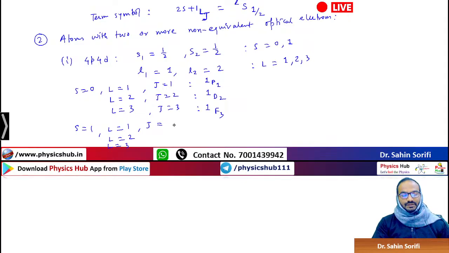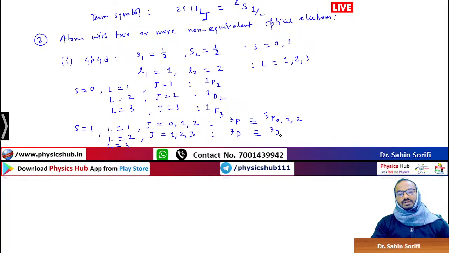So for L equals 1, J equals 0, 1, 2, so it is the 3P term, with term symbols 3P0, 3P1, 3P2. For L equals 2, J equals 1, 2, 3, these are 3D terms: 3D1, 3D2, 3D3. For L equals 3, J equals 2, 3, 4, it contains the 3F terms: 3F2, 3F3, 3F4.